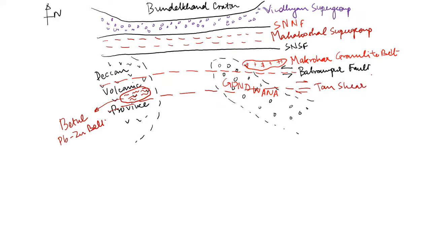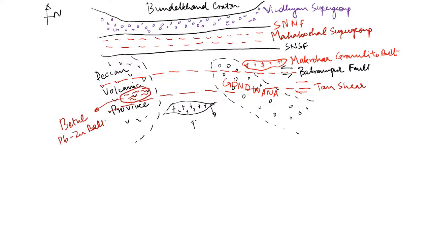Tan Shear. To the south of the Tan Shear lies another granulite belt, which is named the Ramakona Katangi granulite belt.